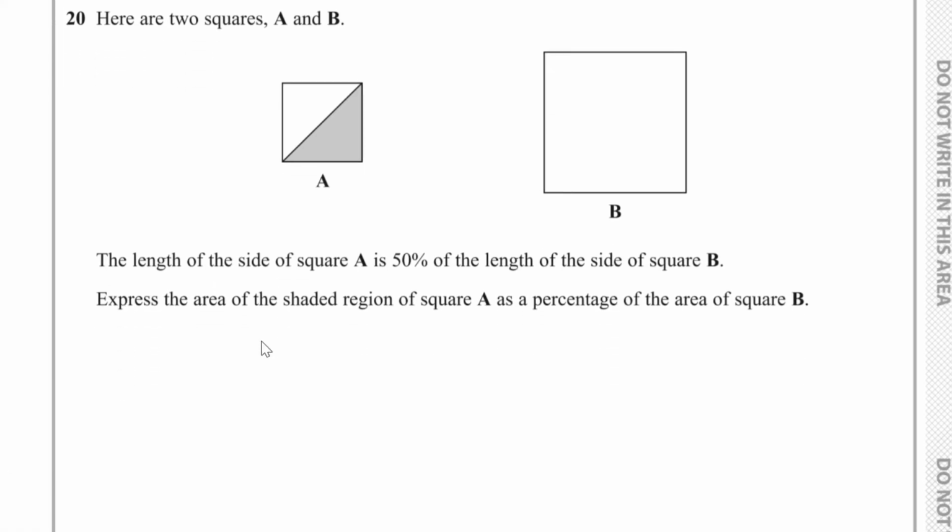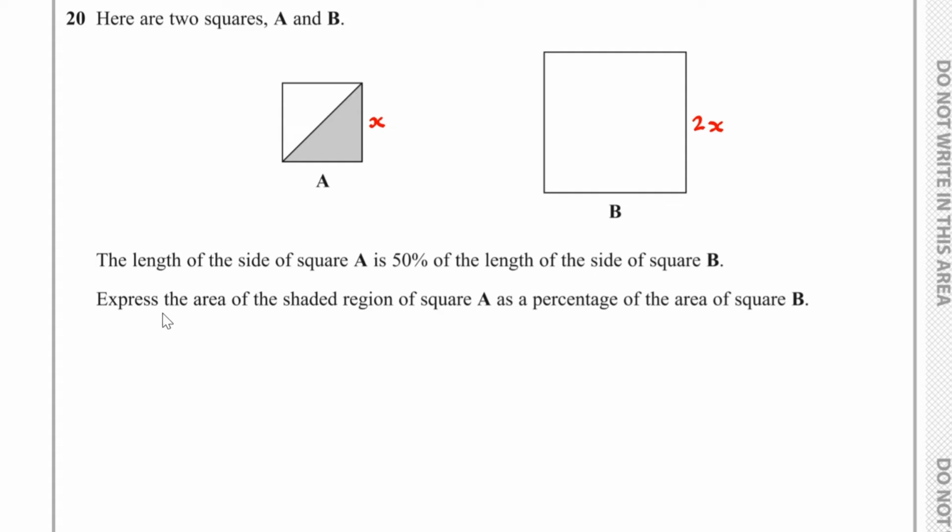For question 20, we have two squares A and B. The length of the side of square A is 50% of the length of square B. What does this mean? Well, it means that whatever length we have for B, the length for A will be half of that. So let's just say that here we have the length x. This corresponding length will be 2x.